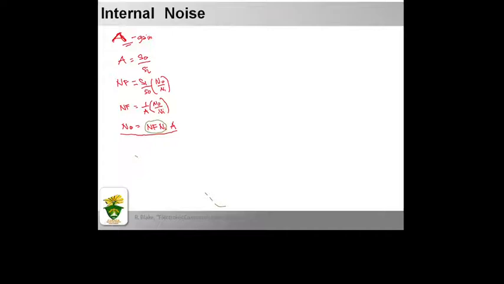Let me change the color. Okay. So the equivalent input noise generated, first let us assume that the input noise is a thermal noise. So since the input source noise is a thermal noise, therefore, let me change the color.